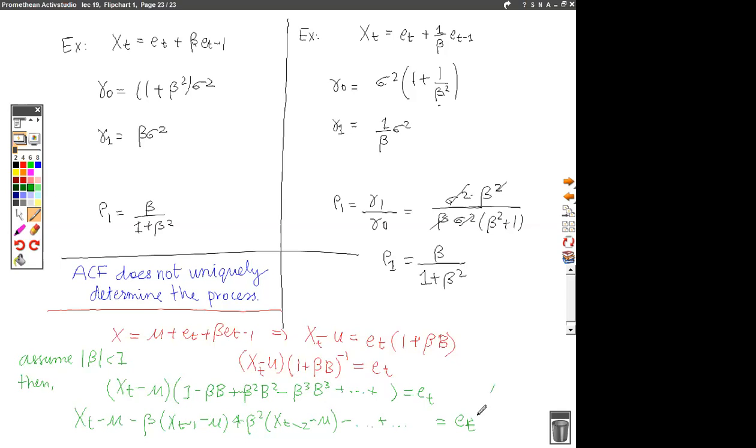So this right here is an autoregressive process with the order as infinite. Does this make sense? Did you guys understand what I just wrote?